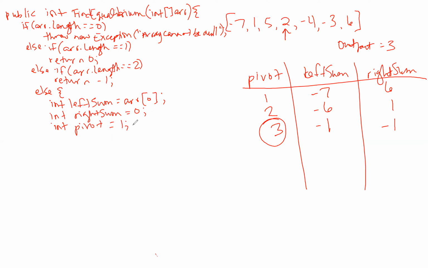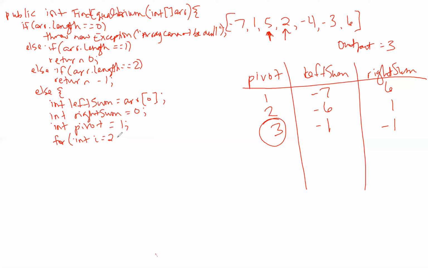Okay, so first we can go through and make a for loop to get the rightmost elements. So we can start that at 2 because we're starting right here at this element here.